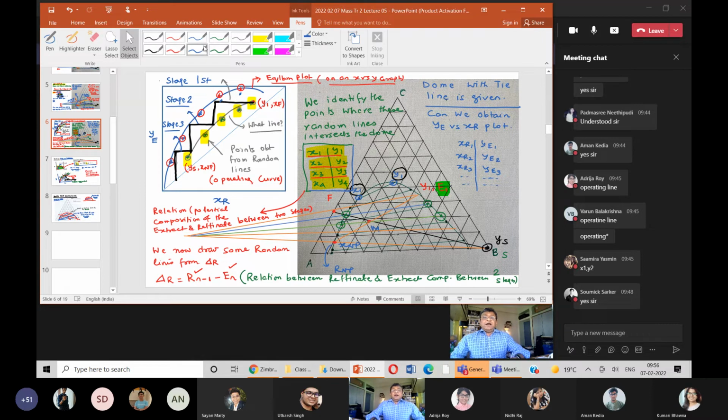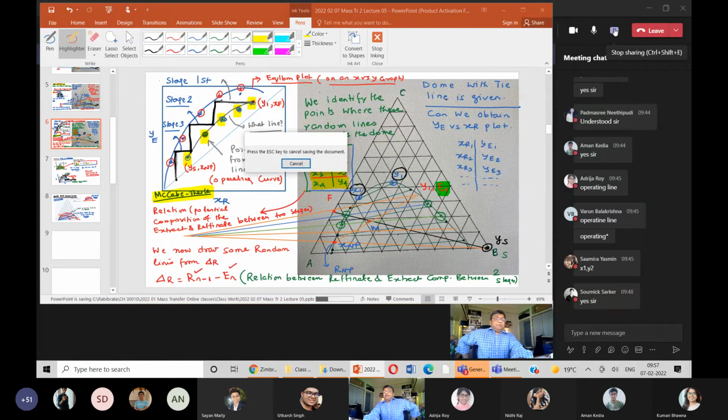So once we locate these points on the graph and join them, we essentially get the operating curve, and then we follow the McCabe-Thiele approach to locate the number of stages. This is what we actually learned today, but we learned a little bit in detail and developed a little bit of an understanding of what the operating line is also.